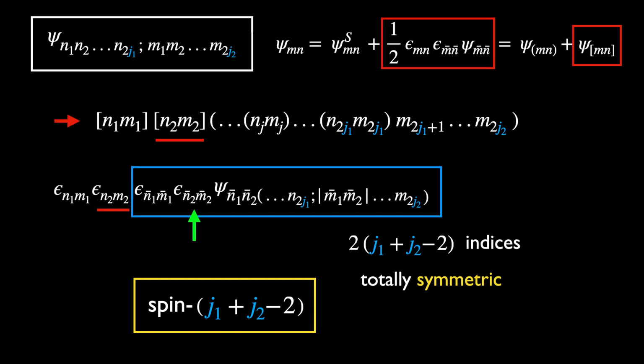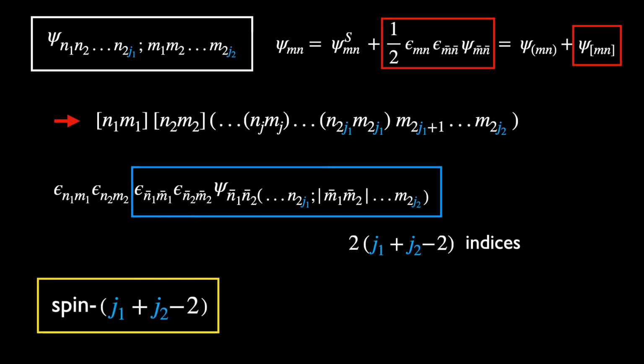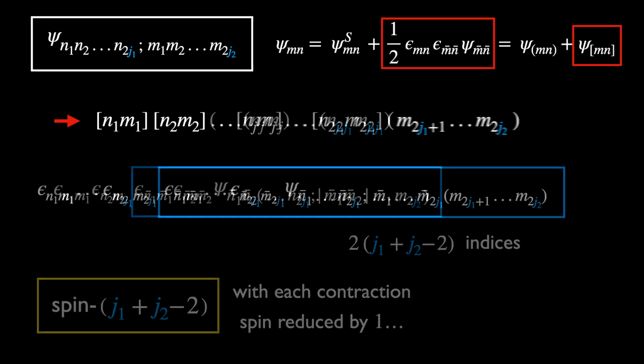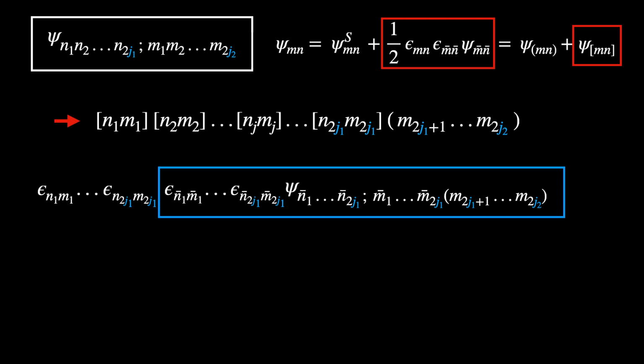The rest of the indices are symmetrised as usual. With each contraction, the spin of the representation gets reduced by 1. We can continue with this process, contracting with epsilons on one end and spitting out invariant tensors on the other, until all pairs become anti-symmetrised.